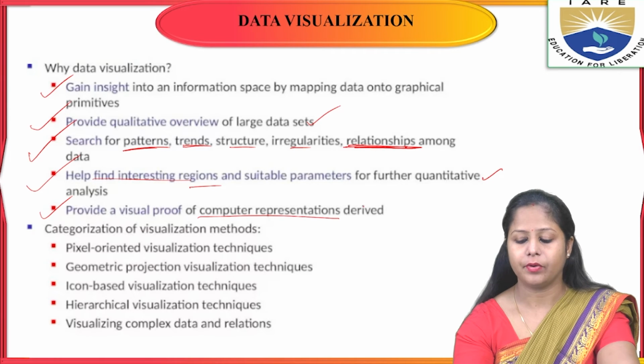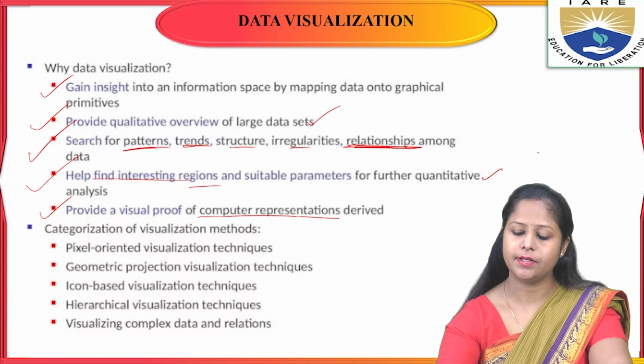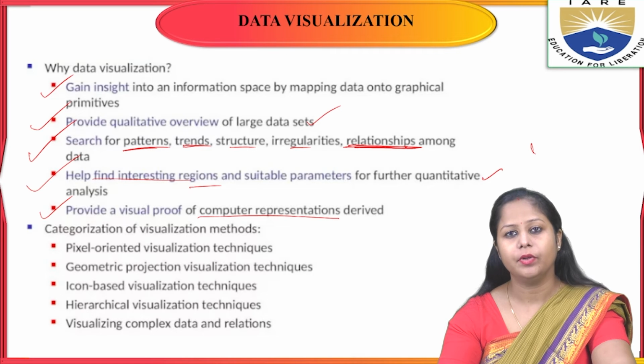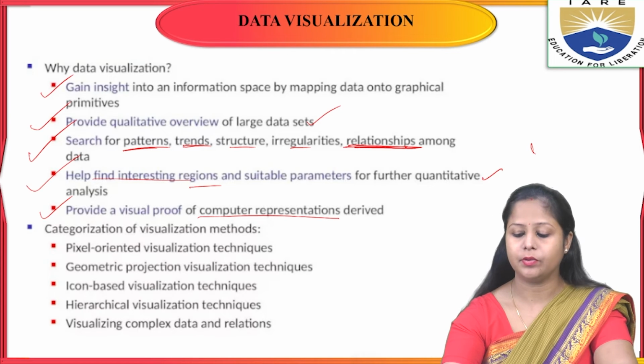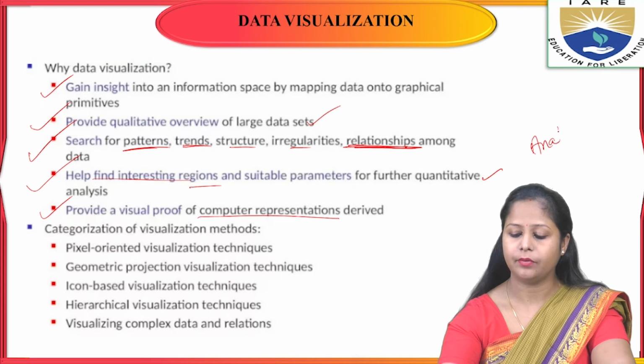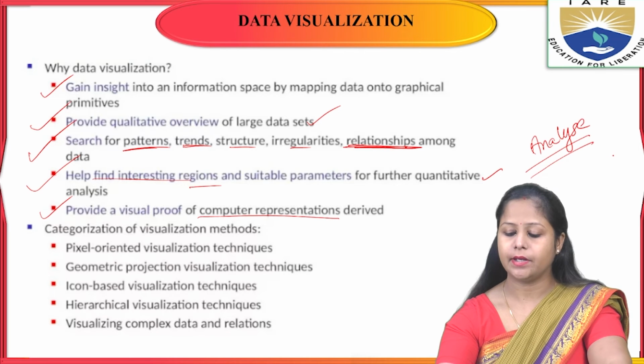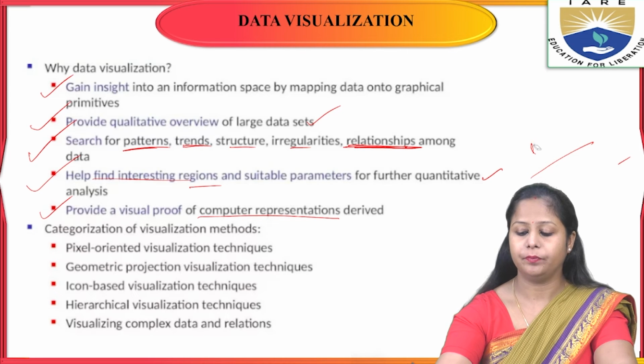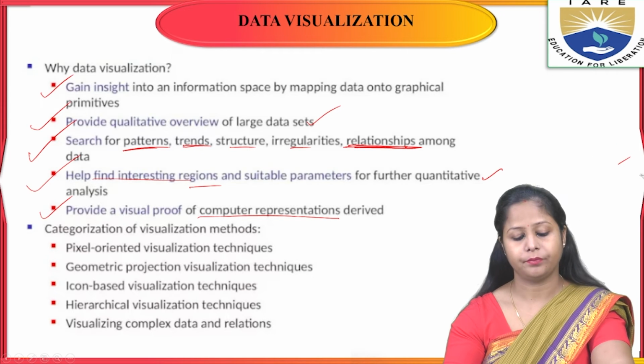So, from the larger data set, we have a better visual proof to analyze any type of data. To analyze and understand the data, we can have the visual proof as data visualization.